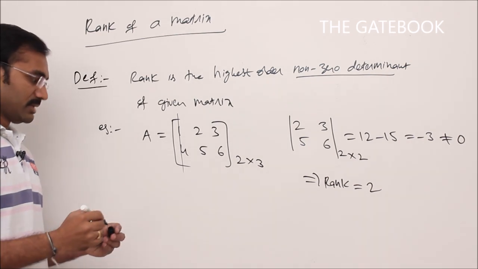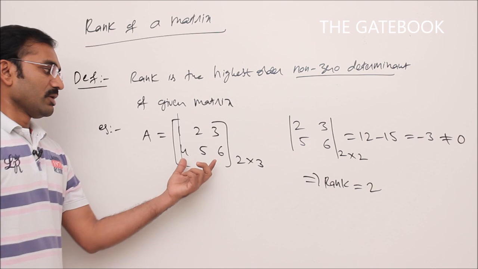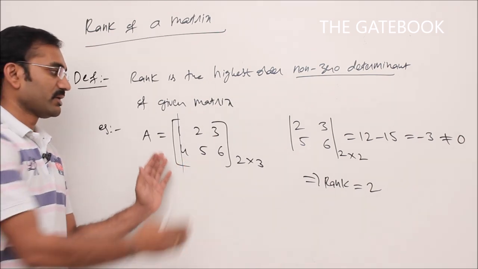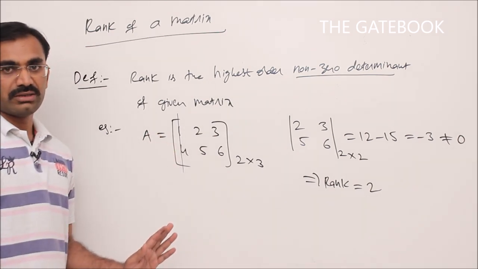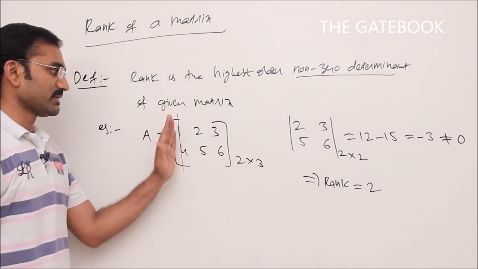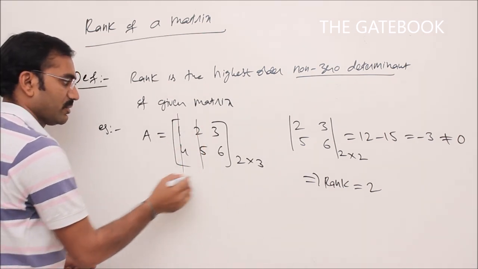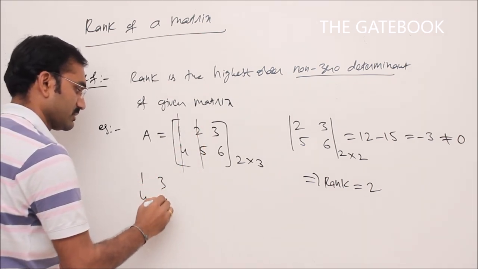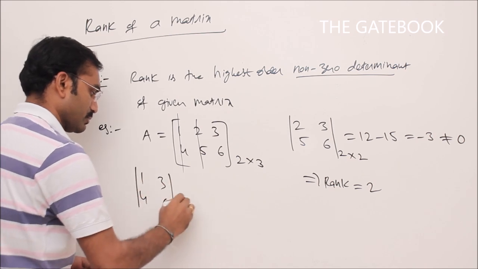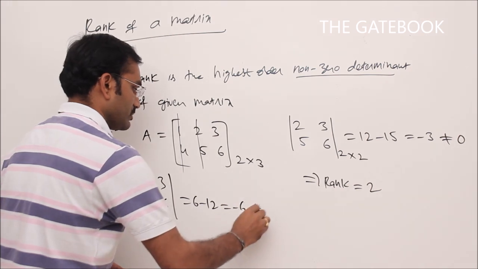What I am doing: the given matrix is of order 2 by 3, so the highest possible determinant is of order 2 by 2, because we can find the determinant of a square matrix only. By eliminating any column, not only the first column, we can even go for the second column. Eliminating the second column, we get 1, 4, 3, 6. So 6 minus 12, minus 6, not equal to 0.